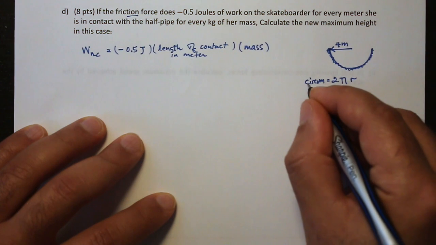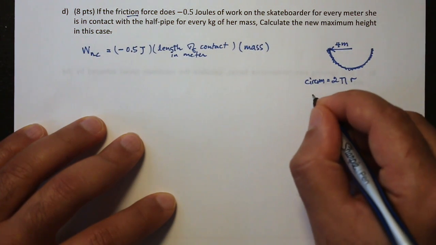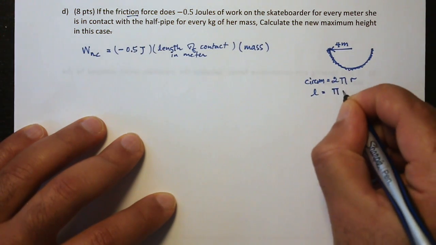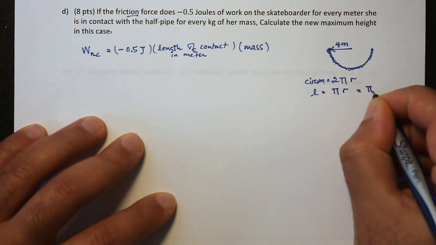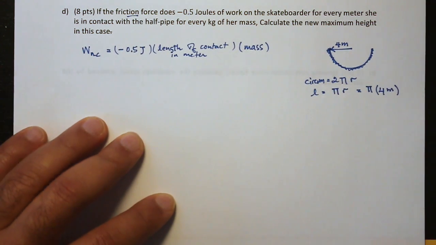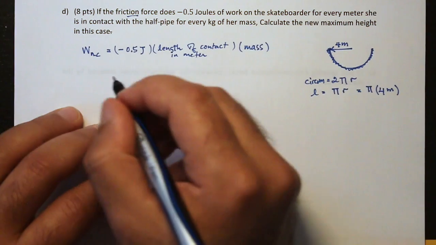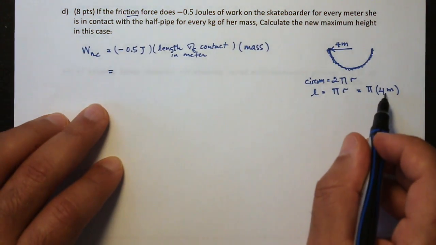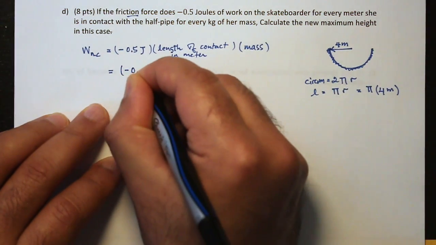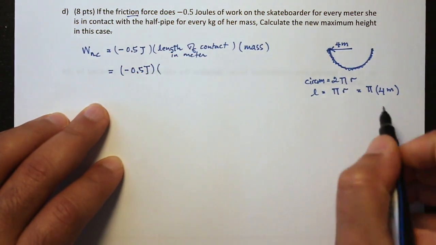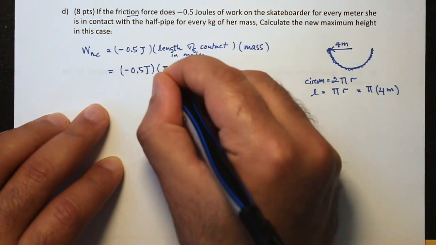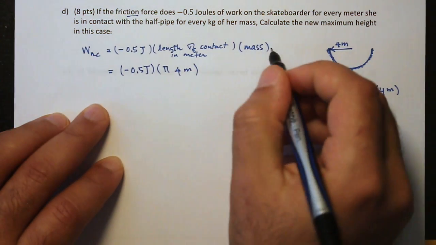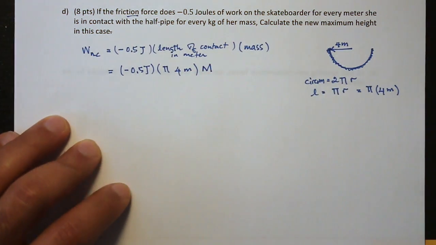Then the semicircle circumference, that length that we were talking about, is going to be pi r. So that's going to be equal to pi multiplied by 4 meters. So then I know that the work done by non-conservative forces is going to be equal to minus half a joule multiplied by pi times 4 meters multiplied by the mass.